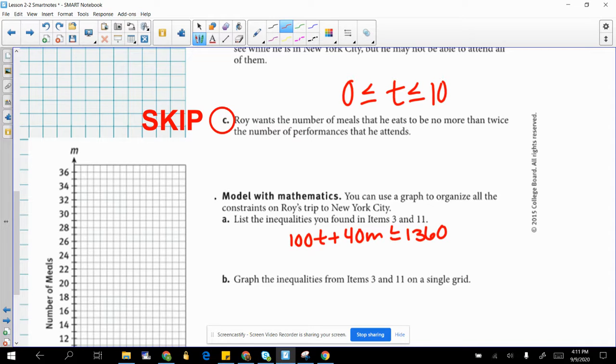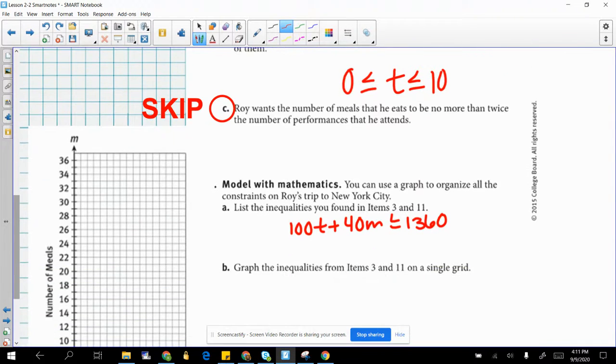And then the two that we just found in number 11: 6 is less than or equal to M, which is less than or equal to 14, the meals, and 0 is less than or equal to T, which is less than or equal to 10.